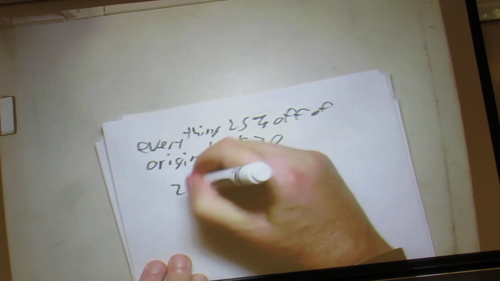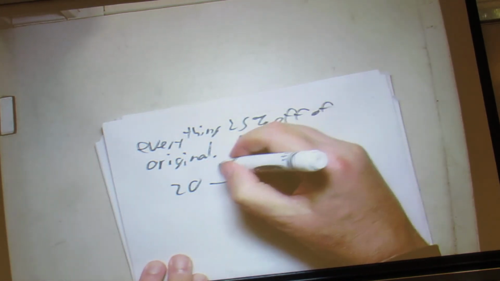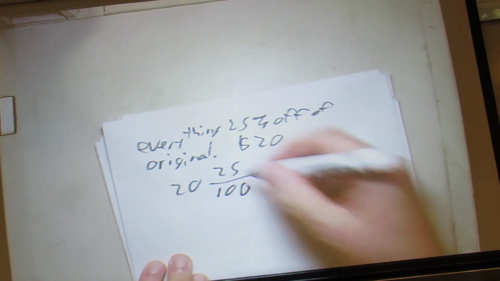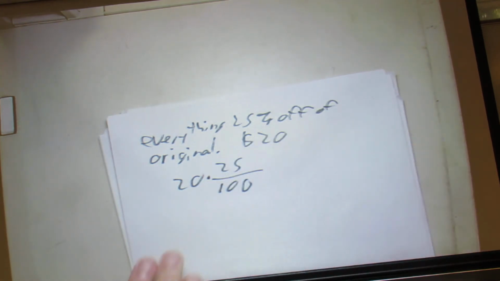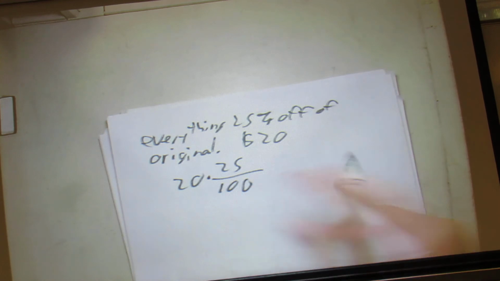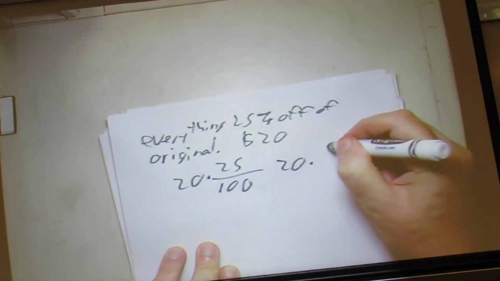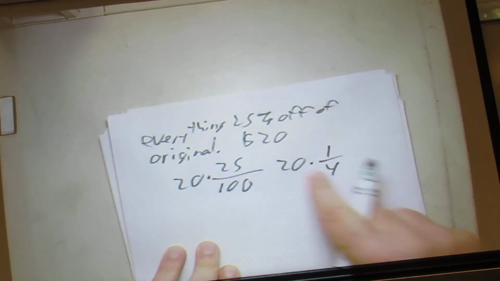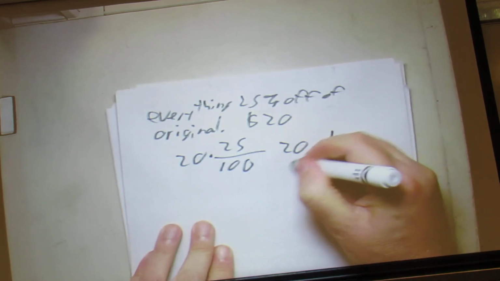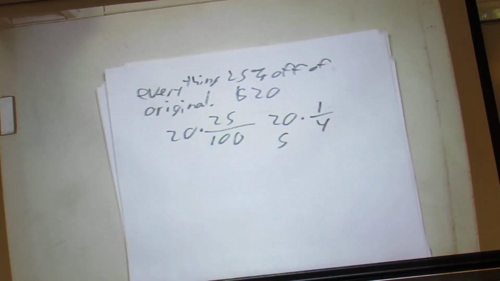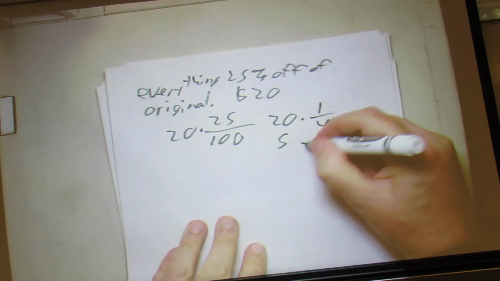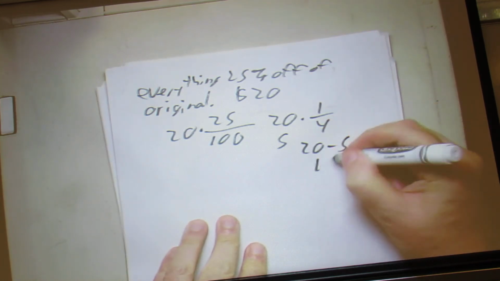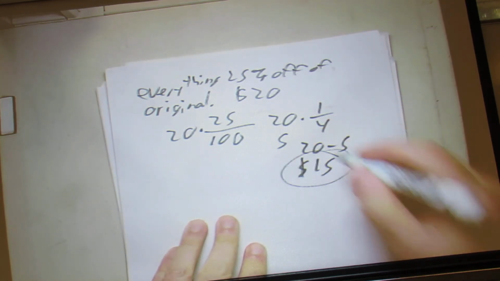So we're going to say $20, and we want to find what 25% is, so it's going to be times 25 over 100. We can simplify the 25 and the 100 to make it 20 times 1 over 4. 4 goes into 20 5 times, so we're getting $5 off, so 20 minus 5 is $15 for our new cost.